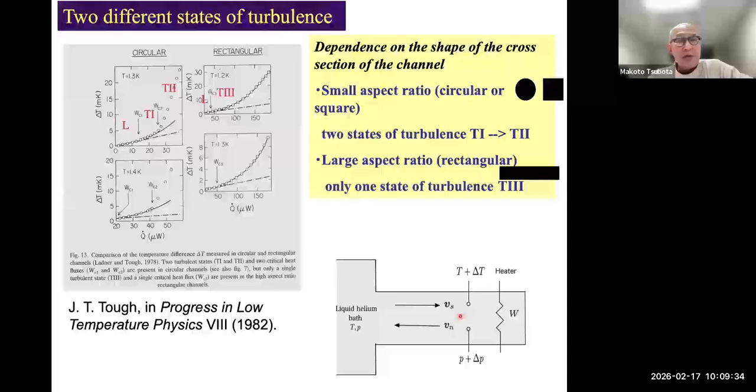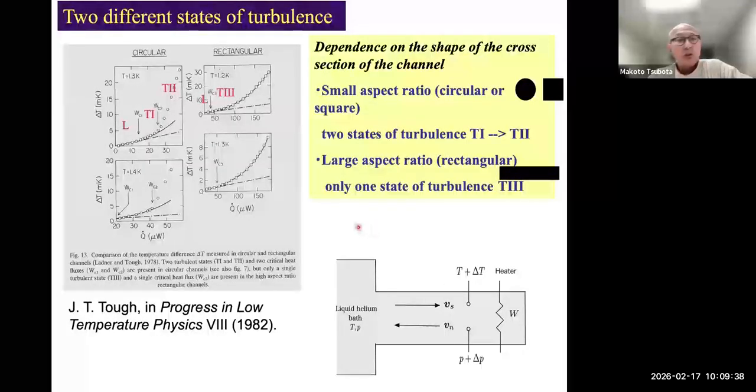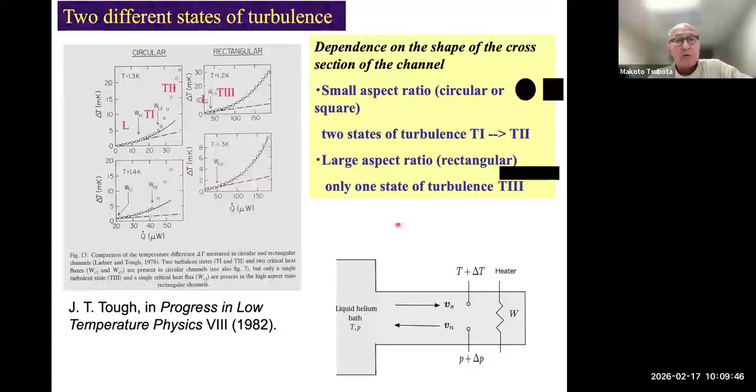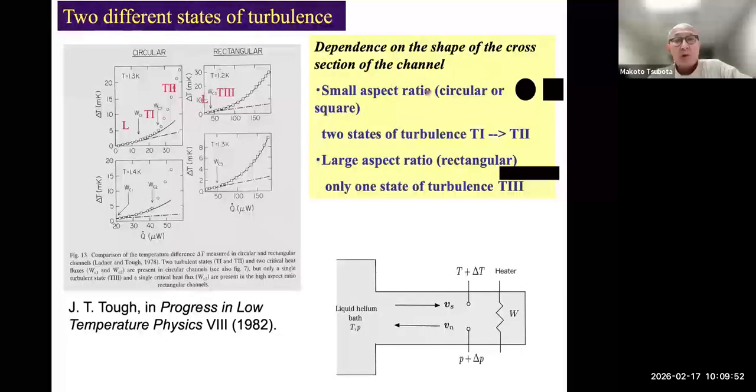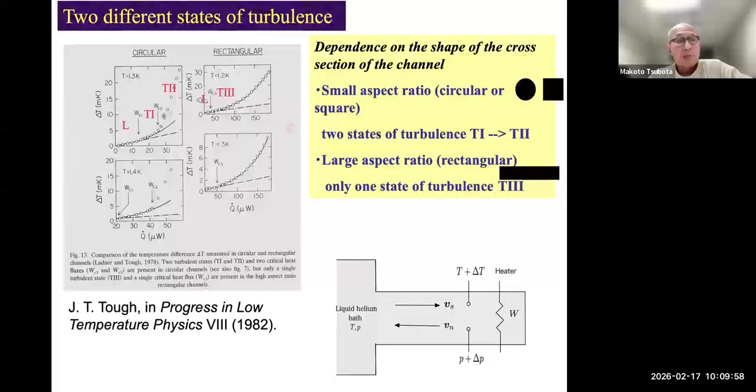Since the 1970s, experimentalists have observed two different states of turbulence. The transition to turbulence was observed to depend on the shape of the cross-section of the channels. In small aspect ratio channels, such as circular or square, the experimentalists observed two states of turbulence, namely T1 and T2.